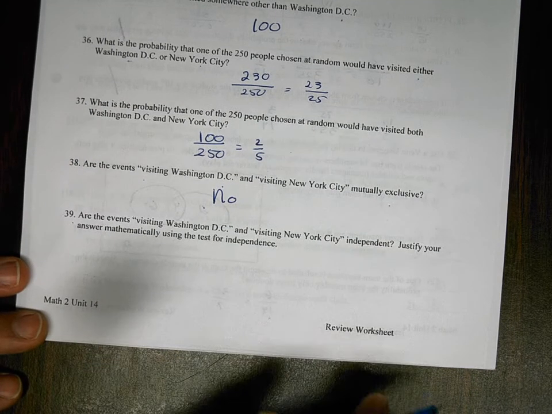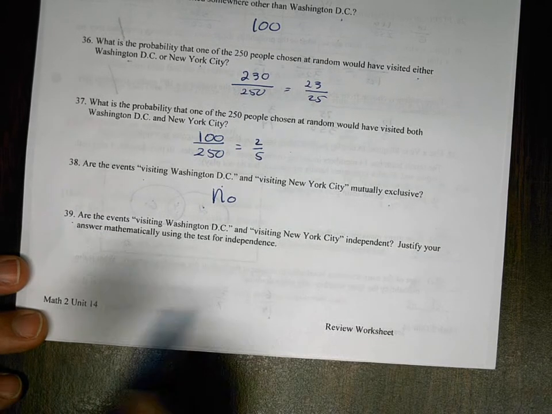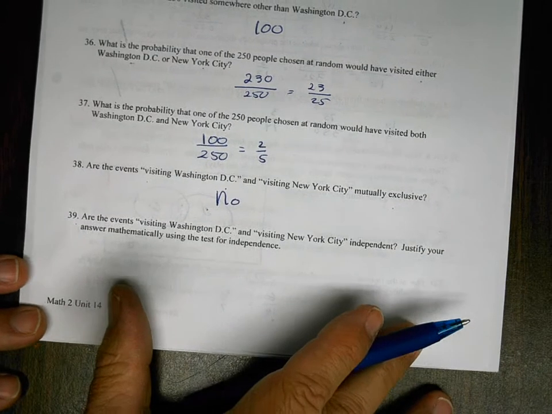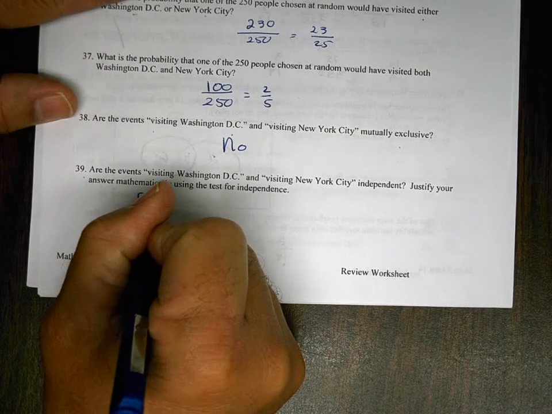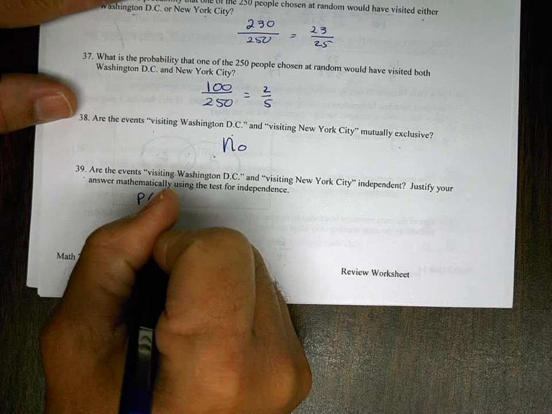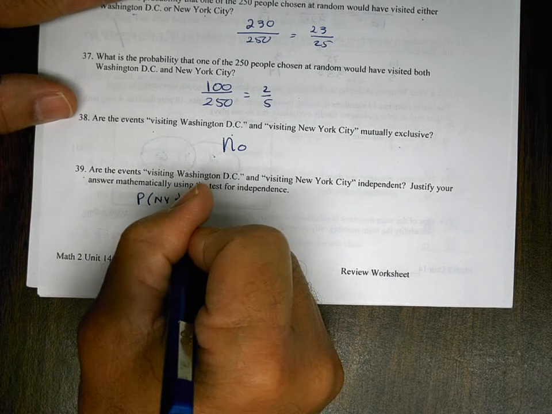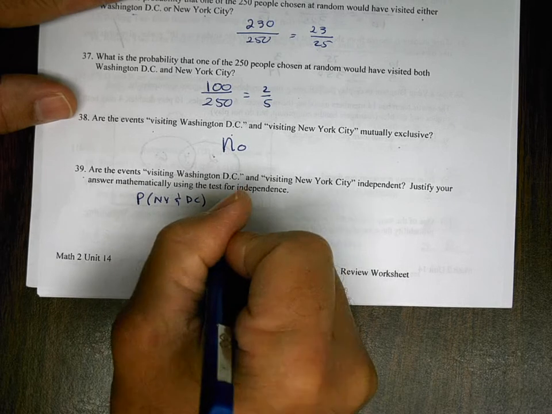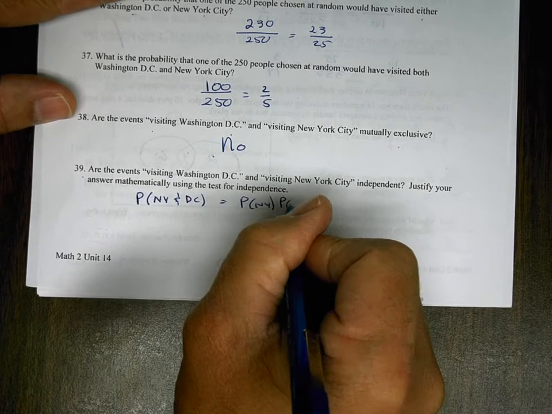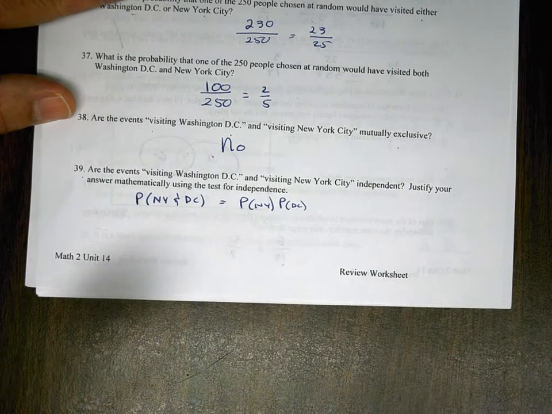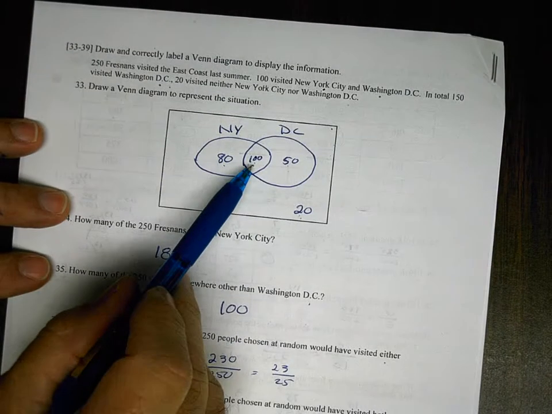And finally, are the events visiting Washington, D.C. and visiting New York independent? Justify your answer. Well, we need to do the formula for that, which is the probability of New York and DC should equal the probability of New York times the probability of DC, and I don't know. Let's find out. So, the probability of New York and DC is 100 over 250.